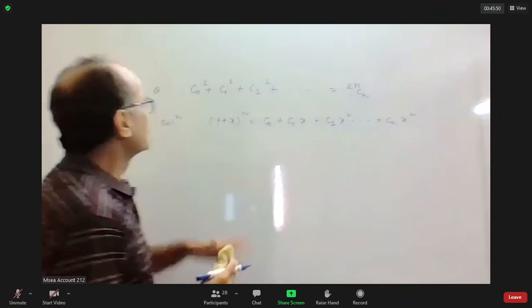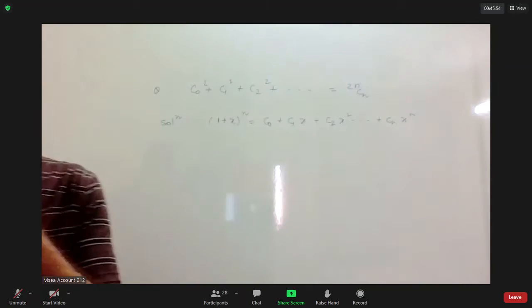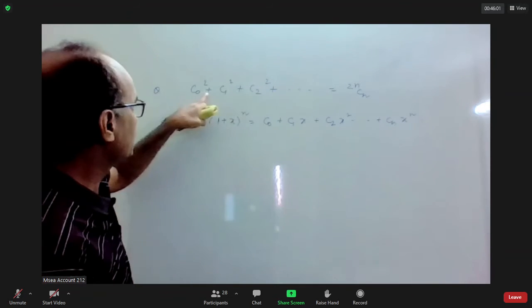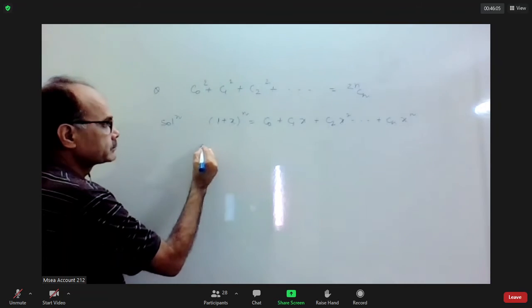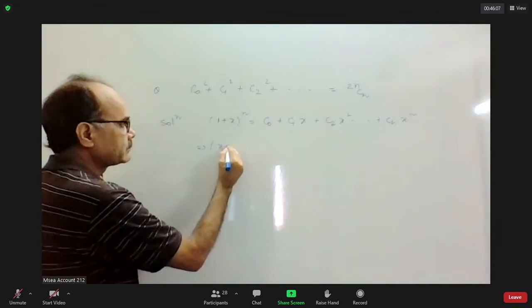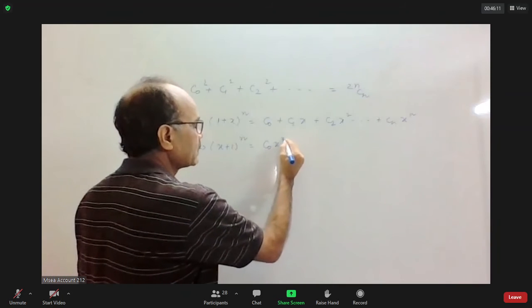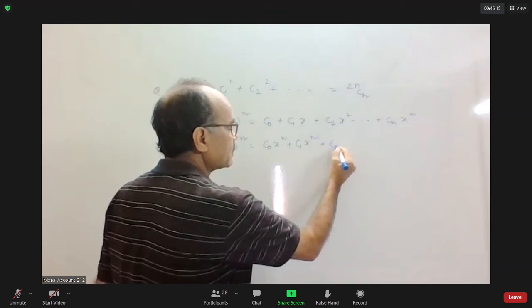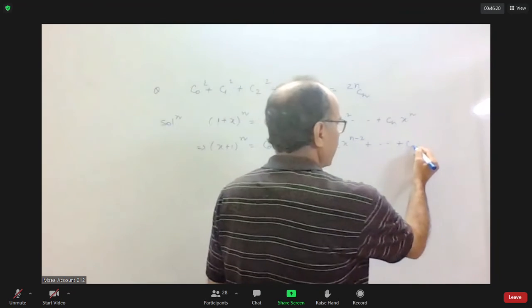It is plus C0 square plus C1 square up to Cn square. Now write it in the form x plus 1 to the power n: C0 x to the power n, C1 x to the power n minus 1, C2 x to the power n minus 2, plus Cn.